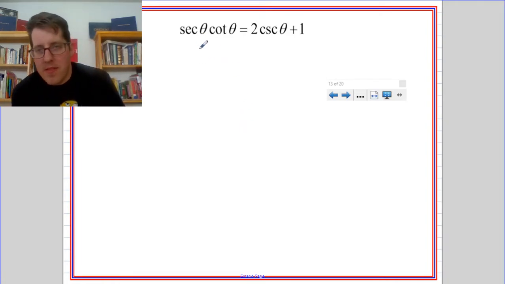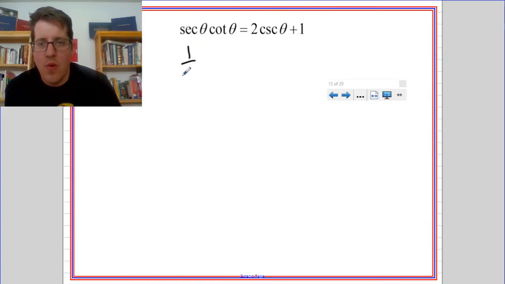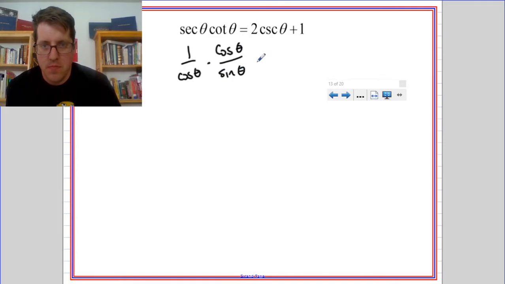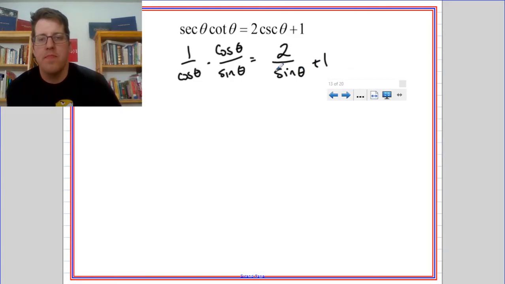Alright, let's think about the secant, let's think about the cotangent. The secant is 1 over the cosine of theta. The cotangent is the cosine of theta over the sine of theta. Nothing you didn't learn in geometry, right? Equals 2 over the sine of theta plus 1.